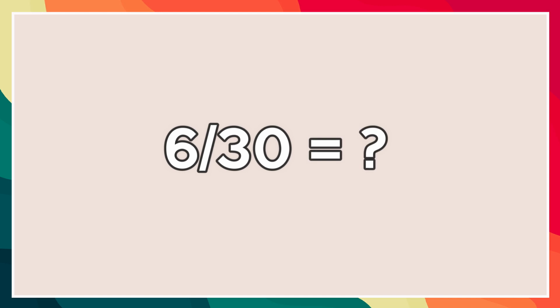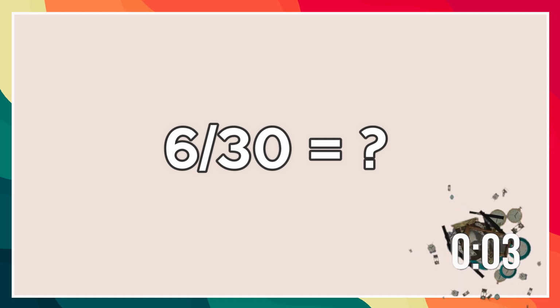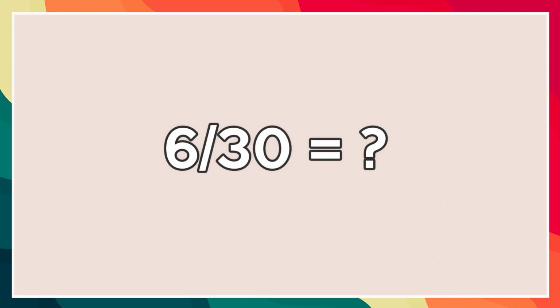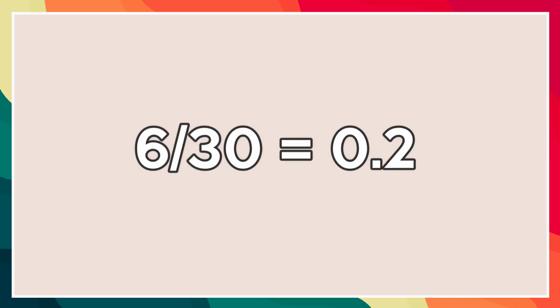Number 5, 6/30. What is the equivalent of 6/30 in decimal? Very good. The answer is 0.2. You just divide 6 by 30.